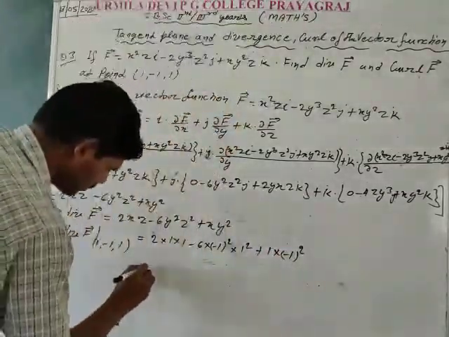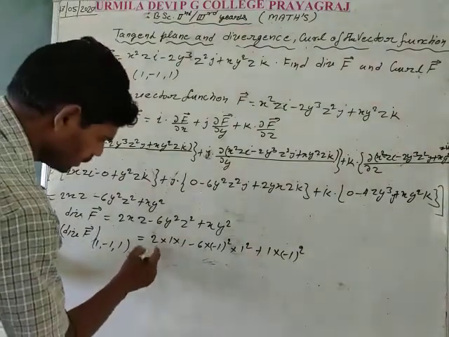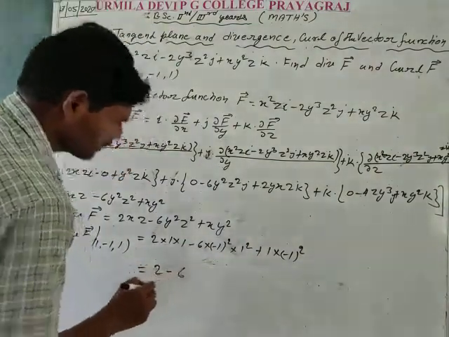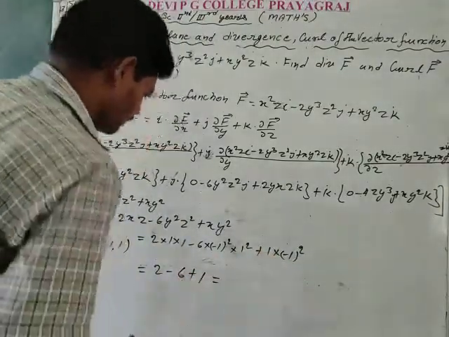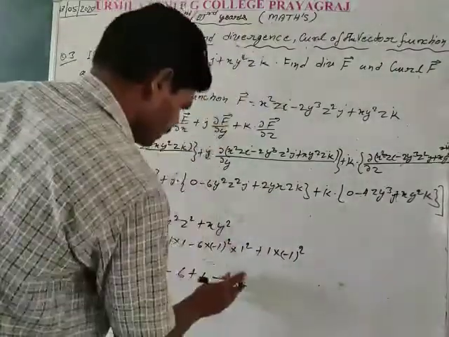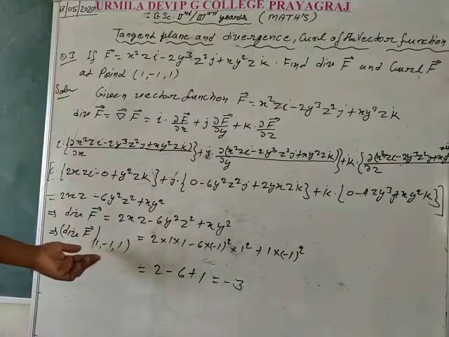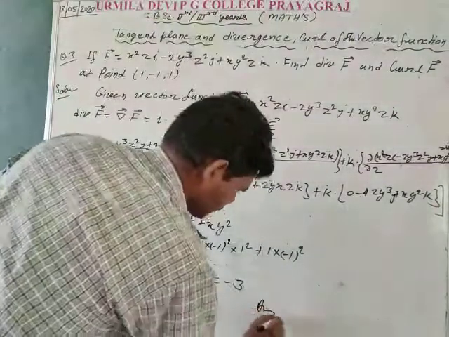After simplification you can find the divergence of vector f at the given point. So it is 2 minus 6 plus 1, which is equal to 3 minus 6, so minus 3. So the value of divergence of the given vector F at the given point is minus 3. This is the answer.